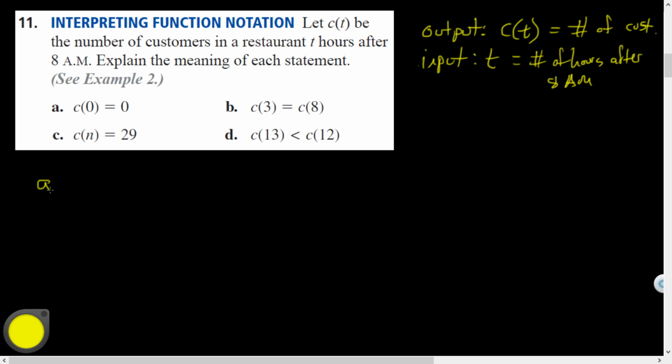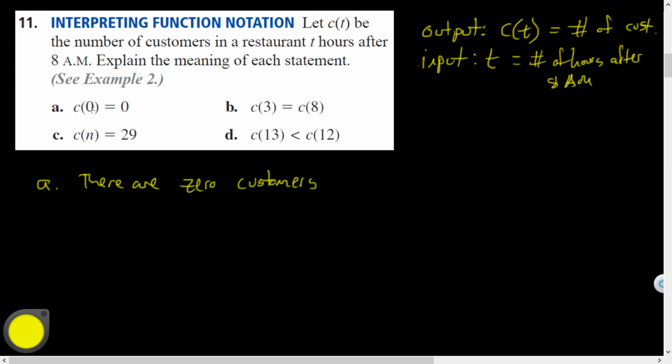So for A, what does C of 0 mean? C of 0 equals 0. That means the output, the number of customers, is equal to 0. So there are 0 customers. We didn't have people waiting outside, camping in tents.